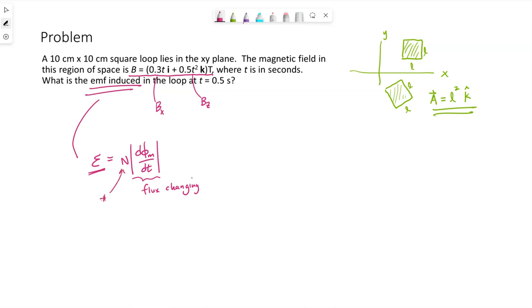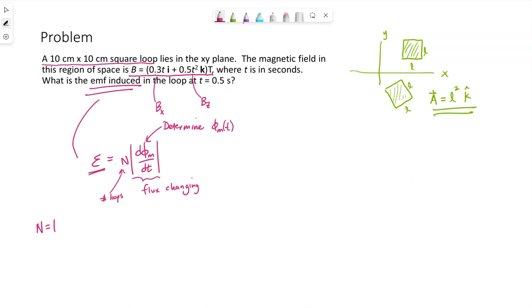And here's the number of loops or turns of coil in the problem. We have a square loop, so we would say that n equals 1 in this particular case. But to find this induced voltage, we need to have a function. We need to determine the magnetic flux through our loop as a function of time. If the flux is not changing with time, then there won't be any induced voltage.